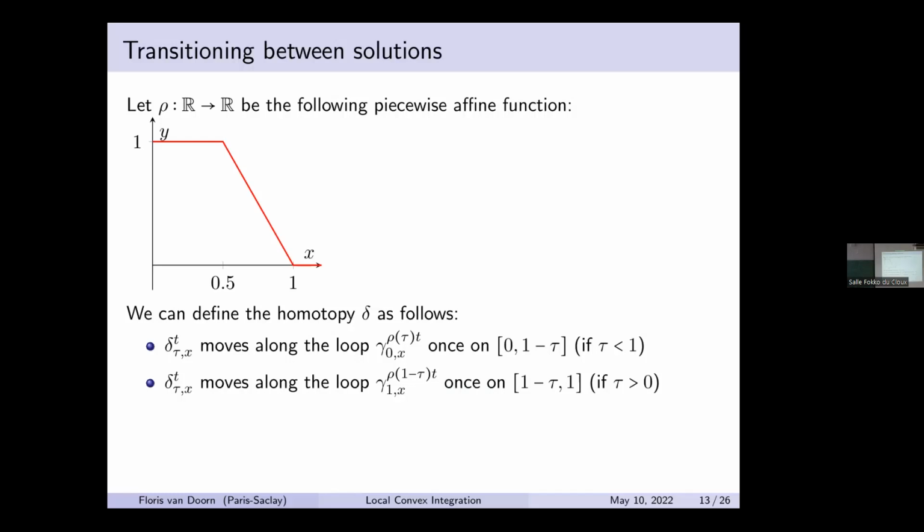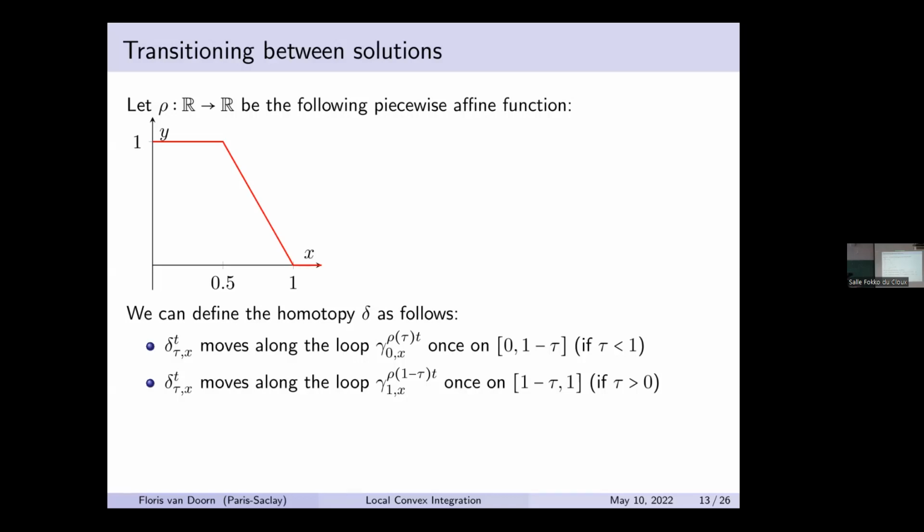Now, this tau is how far we've moved along the homotopy between gamma 0 and gamma 1. We're saying first move along gamma 0 between 0 and 1 minus tau, and then move along gamma 1 for the remaining part of your interval.